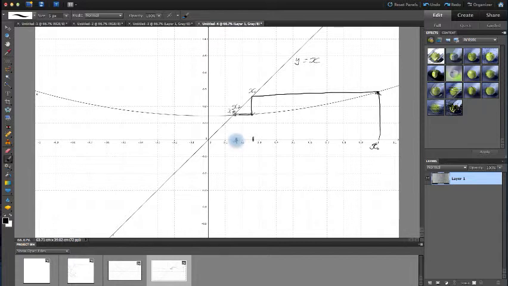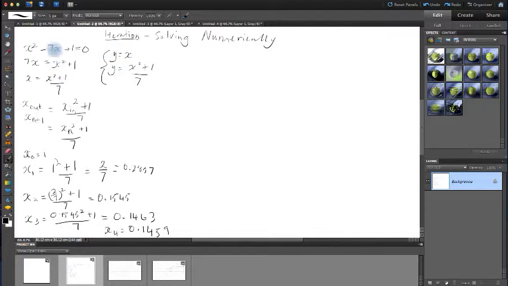And that is going to be the value that, if we had just plotted this initial equation here, that is where that would cross the y-axis. So there we go. There's solving numerically.